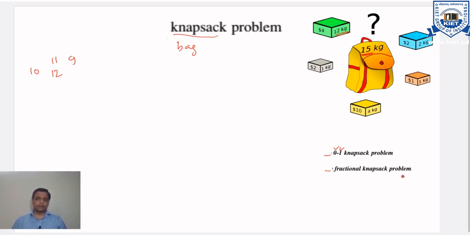Now for the fractional problem, let's see. If we focus on only one thing, either price or weight, you won't get a correct solution with guarantee. Maybe in some cases it works, but in general it won't work. So what could we do? We simply take the most precious item.